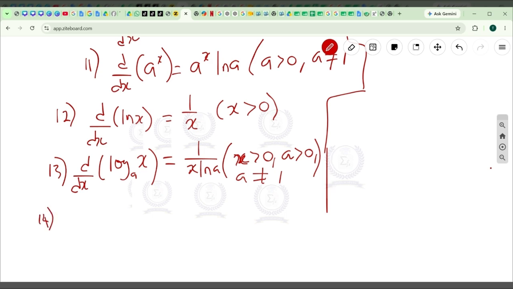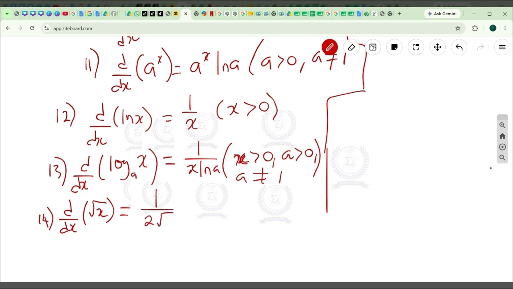Number 14 formula, if you have d over dx of the square root of x, what this simply means is 1 divided by 2 square root of x. Again, as long as x is greater than 0.